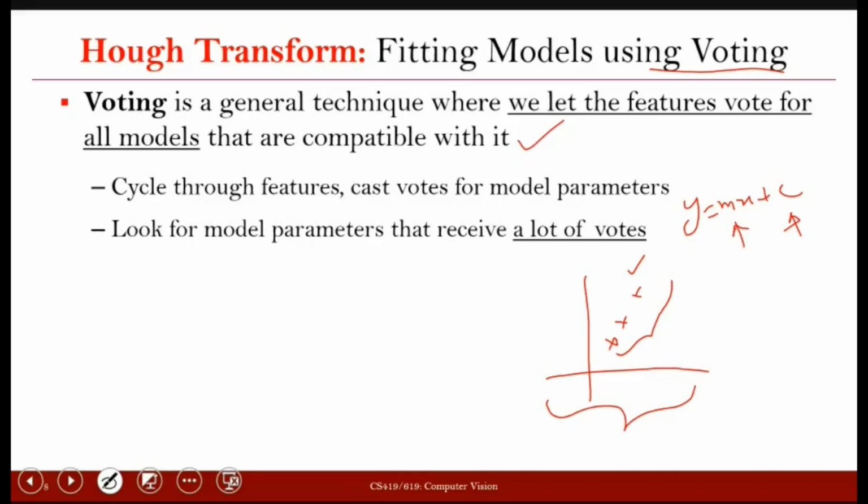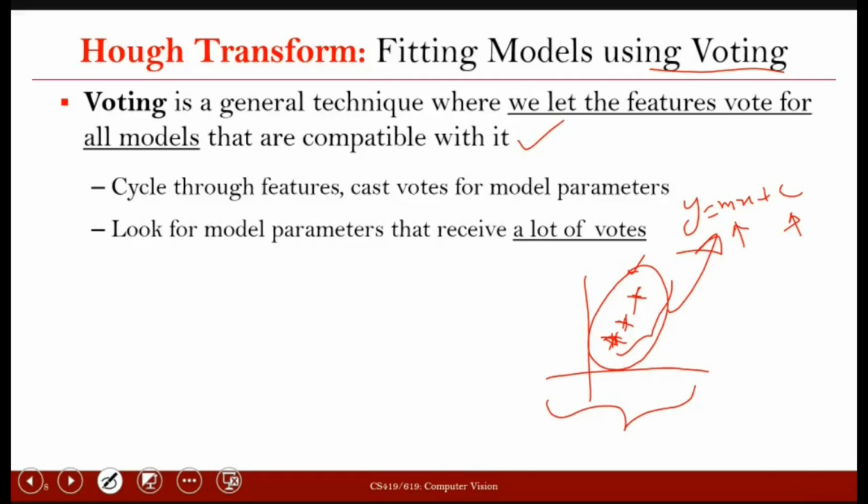In the voting technique, we cannot directly go from these features to the model. What we do here is consider these feature points one by one and see, for a given feature point, what the possible model parameters are. So we can just consider 1 point and see what are the possible values of m and c for which a line will pass through this point, or through this point.